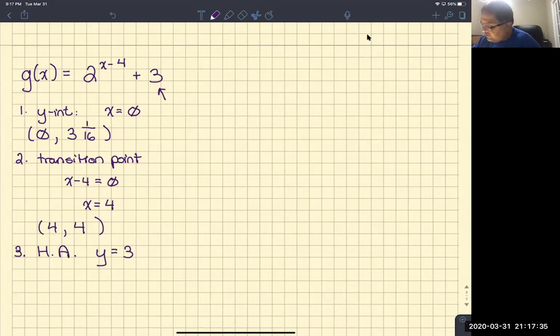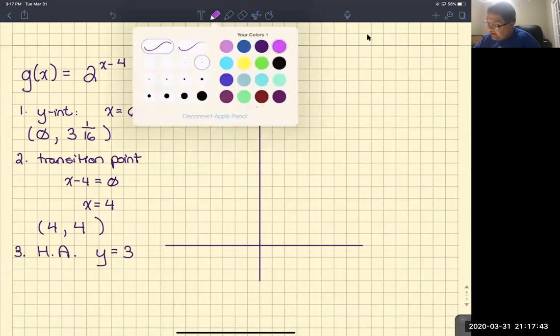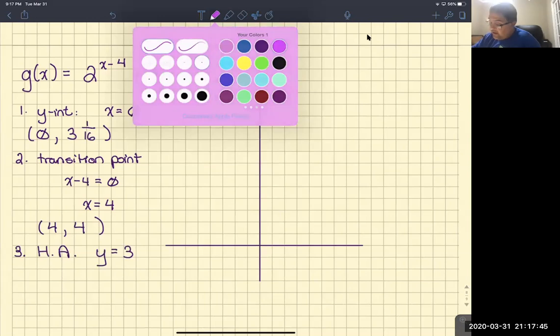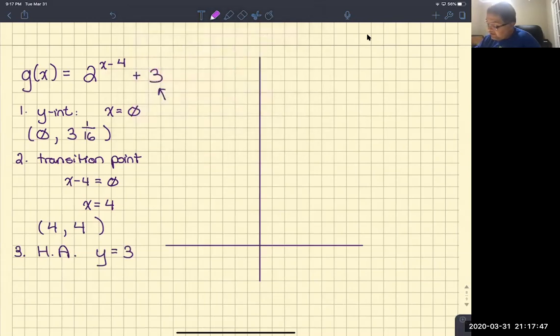So if I drew a graph of this, and it doesn't have to be exact, I would graph my y-intercept at 0, 3 and 1/16. I graph my transition point. That's the point where things start rising really fast.